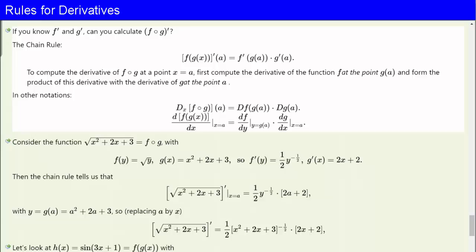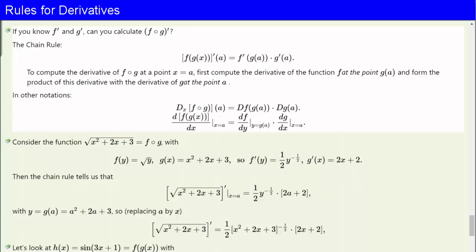Be sure to be able to state this in words, because mistakes are easy to make if you don't have a clear idea of what it is saying. In plain English, it says, to compute the derivative of f composition g at a point x equal a, first compute the derivative of the function f at the point g of a, and form the product of this derivative with the derivative of g at the other point a.